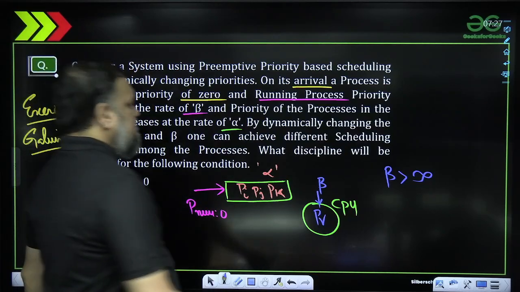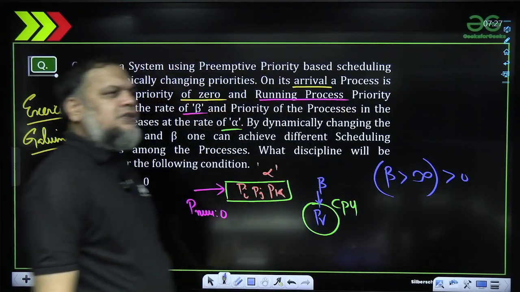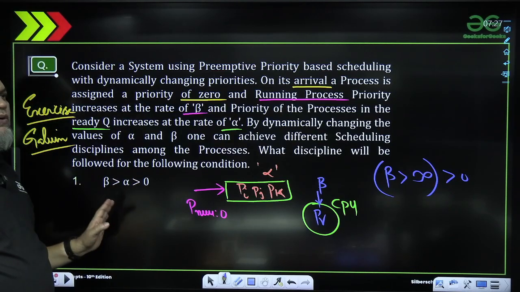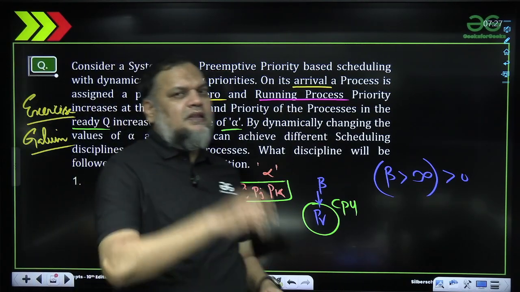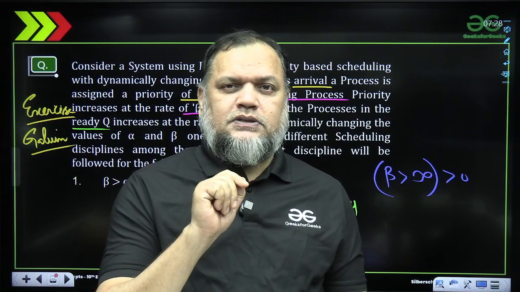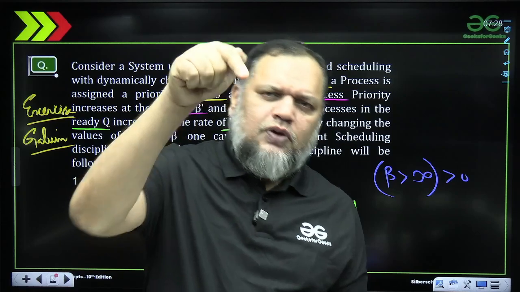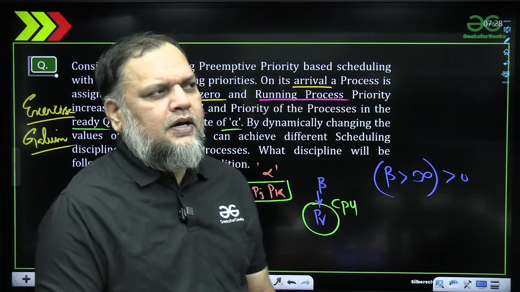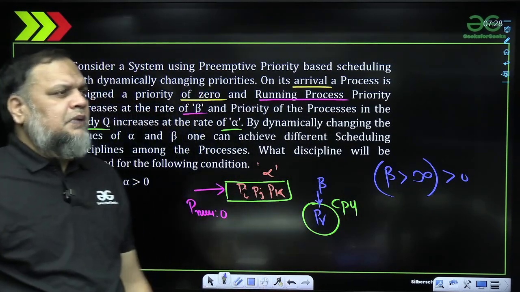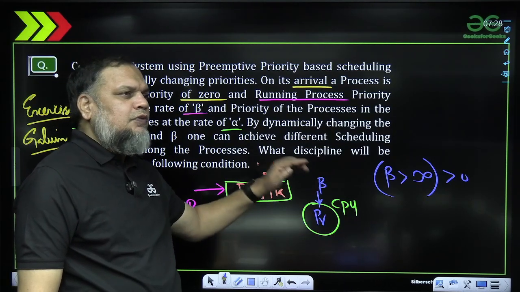And both of them are given to be greater than 0, means a new process will have priority 0. So any new process coming is not going to interrupt the running process. Whichever is the running process will always have the highest priority and it's not going to get preempted. In whatever order I am scheduling a process, it will never get preempted.